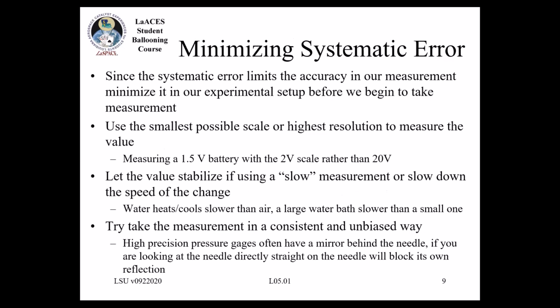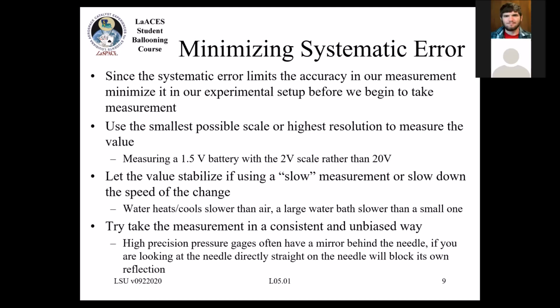So in general, you want to try and set up your experiment to minimize those types of errors, because they're the types of errors you cannot reduce by taking more and more measurements. They sort of put an upper limit on how accurate your measurement can be.